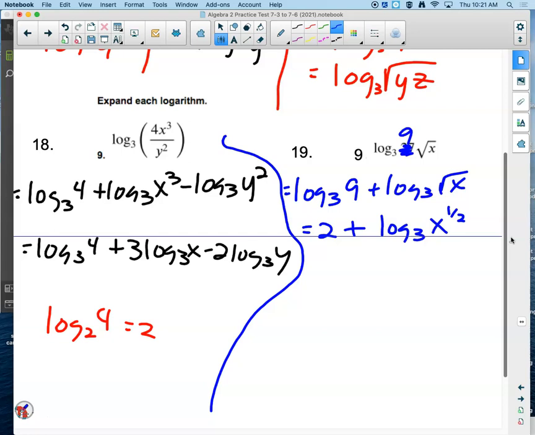Has to go in front of this term, not the whole thing. And now we've got it. So again, test-taking strategies, use those. Condense and expand are opposites of each other. Use that to your advantage. Unfortunately, the Google meters don't get that advantage because they get one problem at a time.